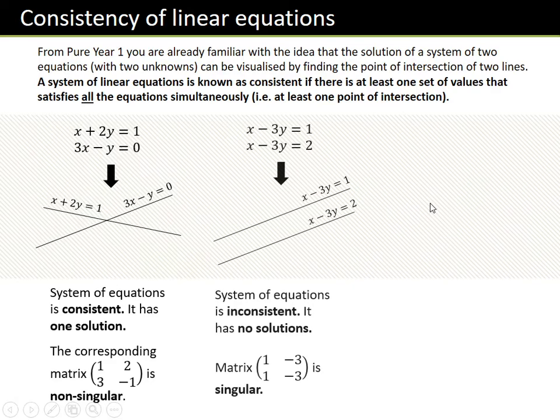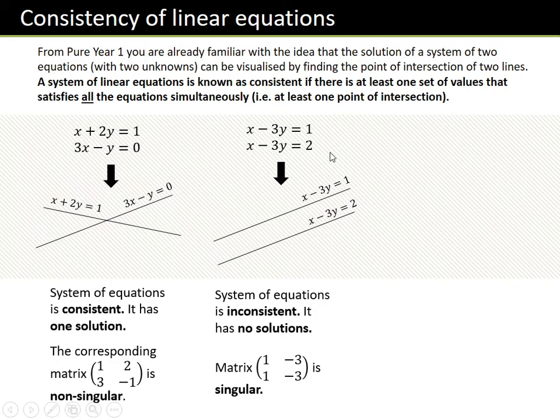What's the other thing a system of equations could be? It could be 2 lines that are parallel and that do not intersect each other. So I've got x minus 3y equals 1 and x minus 3y equals 2. This system of equations is inconsistent. It has no solutions. And the thing that's obvious to see is that x take away 3y equaling 1 and x take away 3y being equal to 2 is obviously inconsistent.